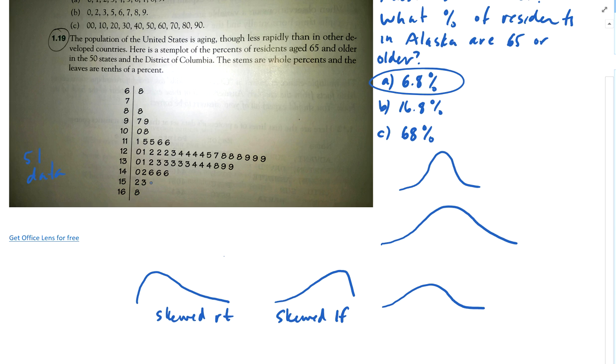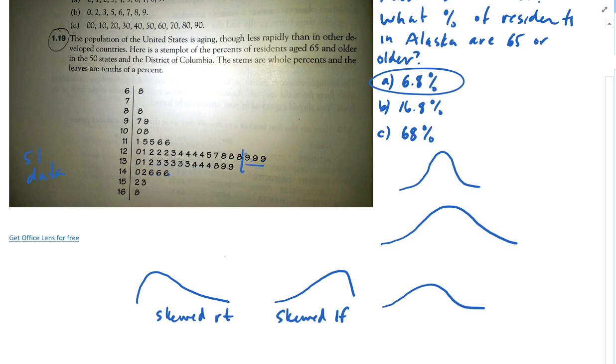So 1, 2, 3, 4, 5, 6, 7, 8, 9, 10, 11, 12, 13, 14, 15, 16, 17, 18, 19, 20, 21, 22, 23, 24, 25. So basically I've got 25 pieces of data this way, and since I know there's 51, I'm going to have 26 pieces of data on that side.